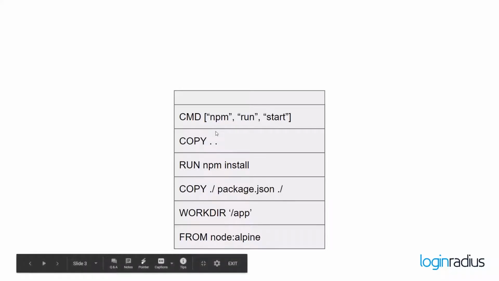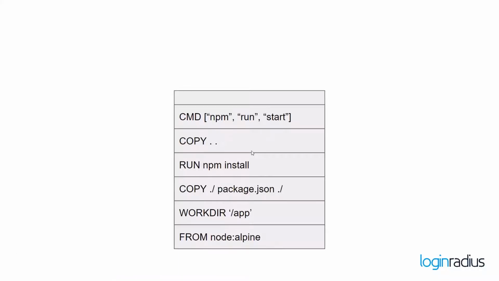So we don't want to do it every now and then. We want to do it only and only if something has changed in the package file. So if your package.json is changed, then only npm install is going to run.